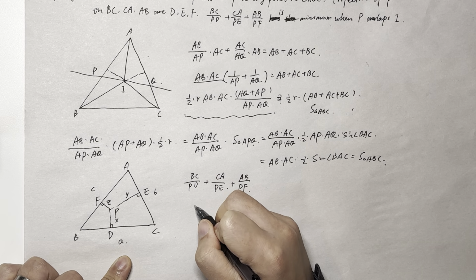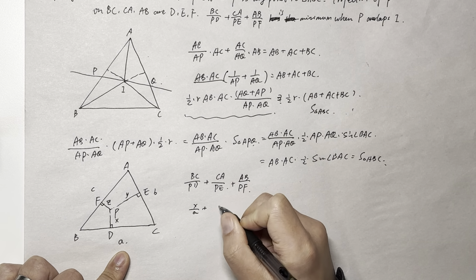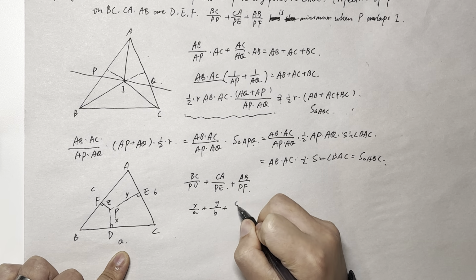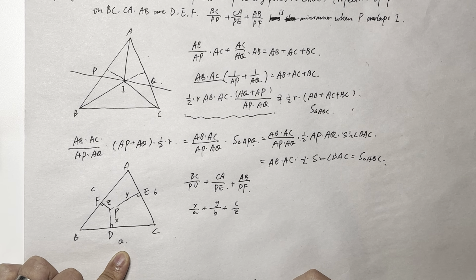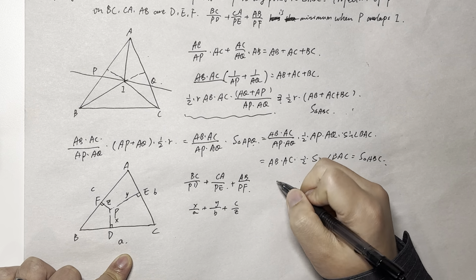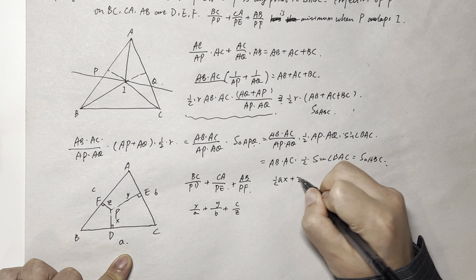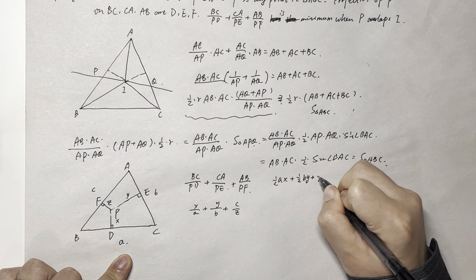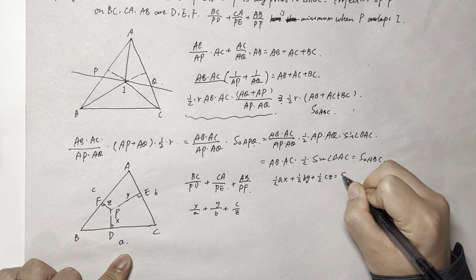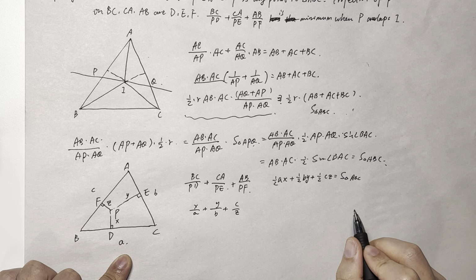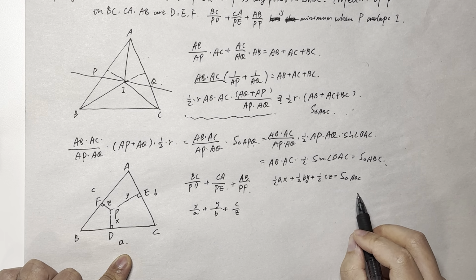So we're looking for a times x plus b times y plus c times z, right? And we know that half of ax plus half of by plus half of cz is the area of triangle ABC, which means it's a constant, right? The summation is a constant.